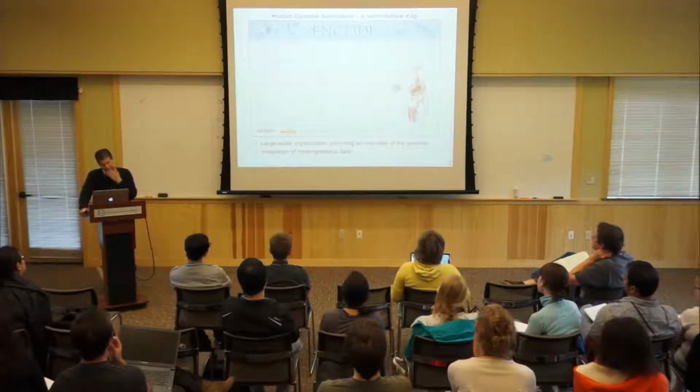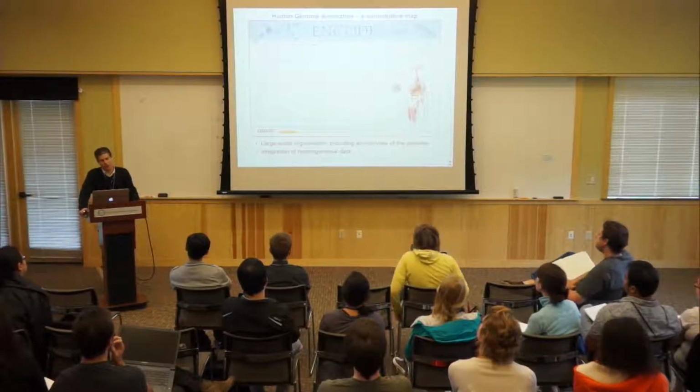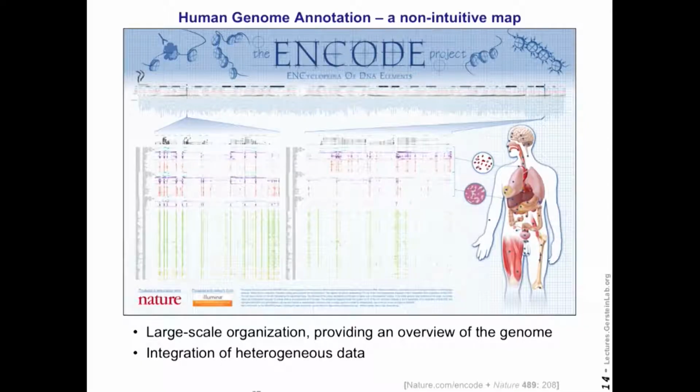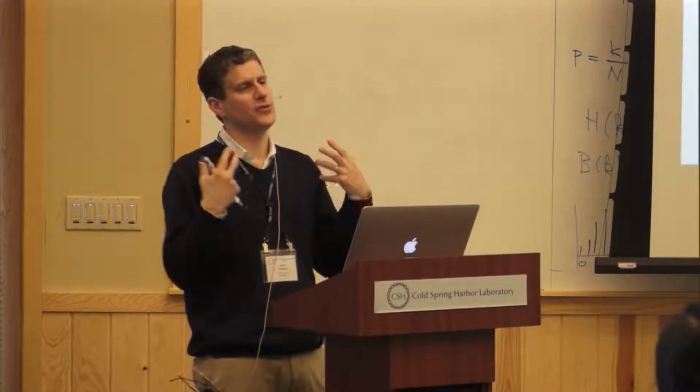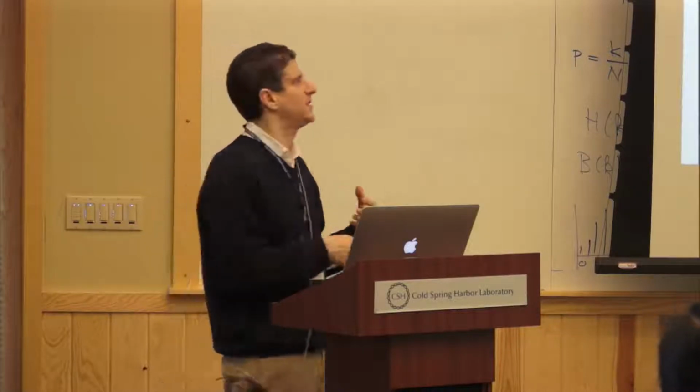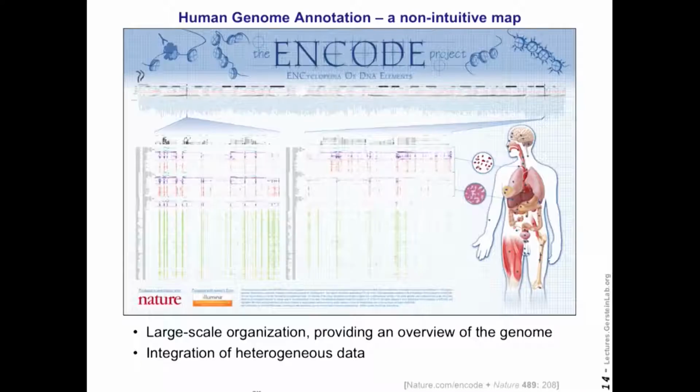So the other example I'm going to show you, which is a little bit more to home, is one project that I've been involved in biology that's really trying to do the same thing as the Sloan Digital Sky Survey. It's trying to create a huge map of the genome, and this is a project called ENCODE. Now the problem that ENCODE faces is that we don't have an immediate intuitive representation for what that map is.